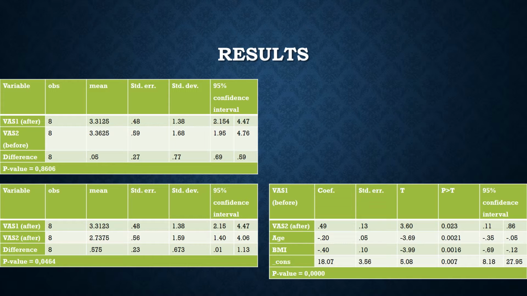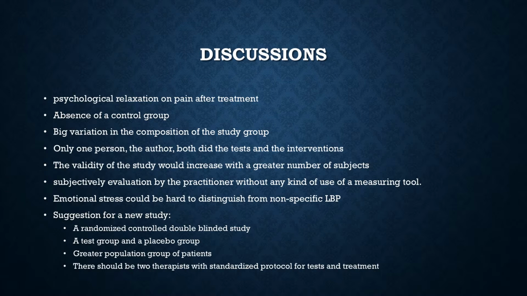The regression analysis showed only one possible similarity between VAS, age and body mass index, but the correlations were unknown. This study couldn't exclude any significance of other factors, as for instance the psychological relaxation on pain after treatment.